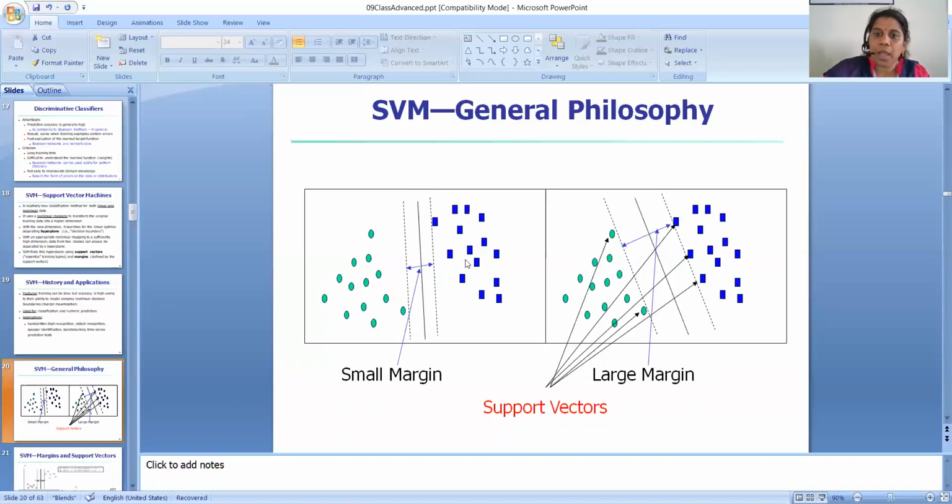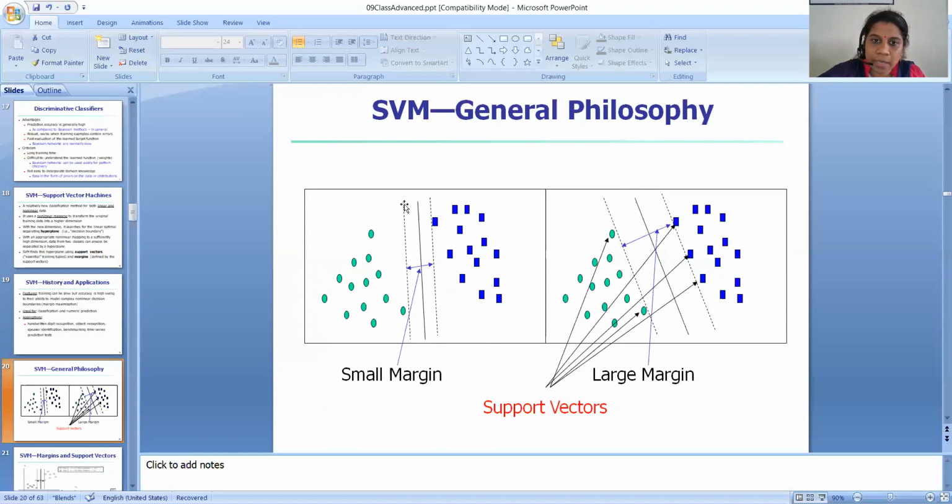Now, what are support vectors? Suppose in the first figure you can see one line, which is one hyperplane separating the yes class and the no class.